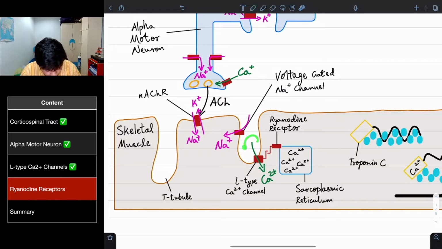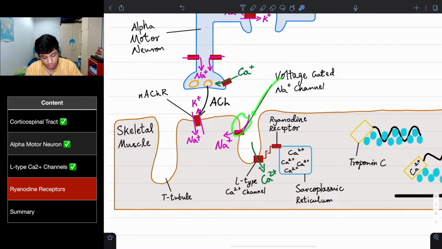Since there is an influx of calcium ions because of these L-type calcium ion channels, it mechanically interacts with a receptor called the ryanodine receptor. Okay? So let's just say that there's an influx of sodium ions because of the acetylcholine.